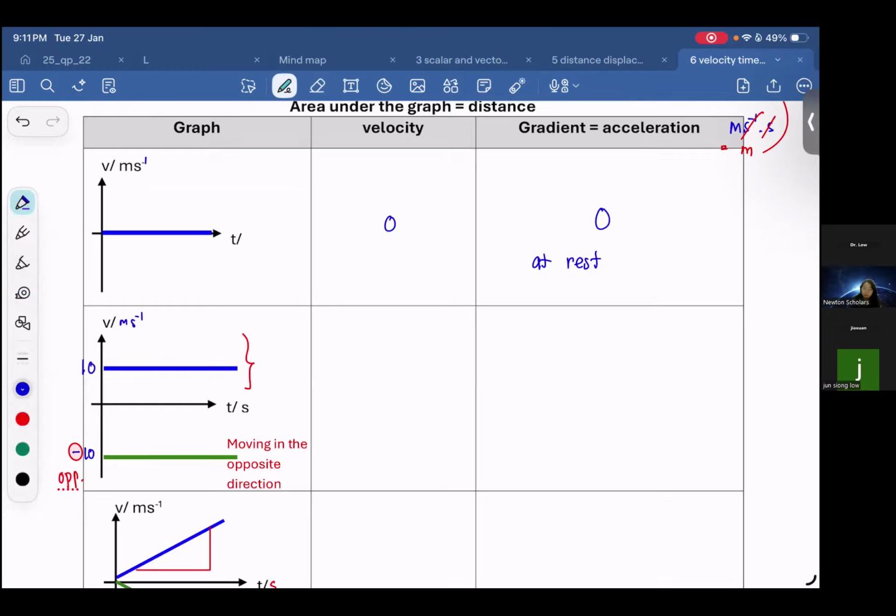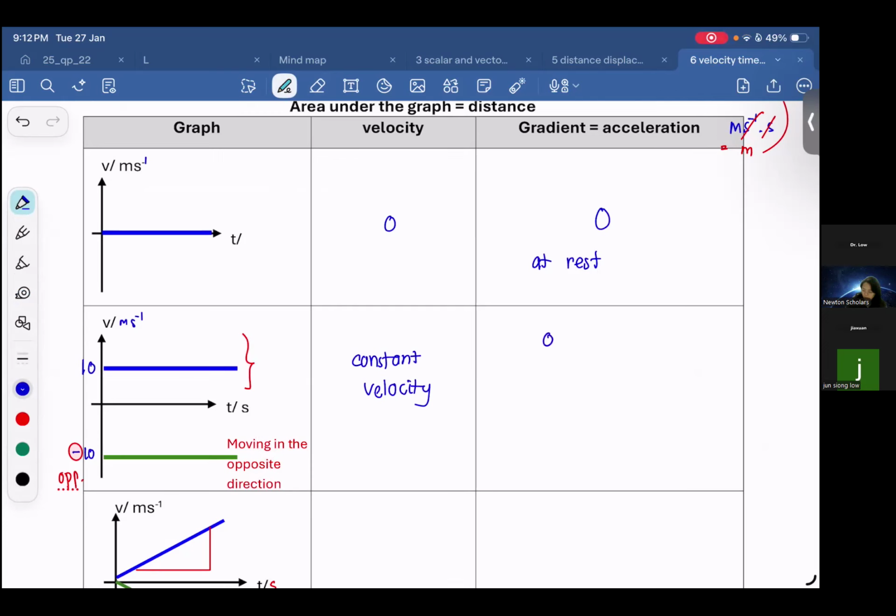So here, velocity. Horizontal line showing you velocity 0, constant, increase, or decrease. What do you think? How do you interpret the graph? Constant. Junxiong said constant. Yes. So this one should be constant velocity, right? What is the gradient here, dear? 0, constant gradient, or increasing, decreasing? 0.